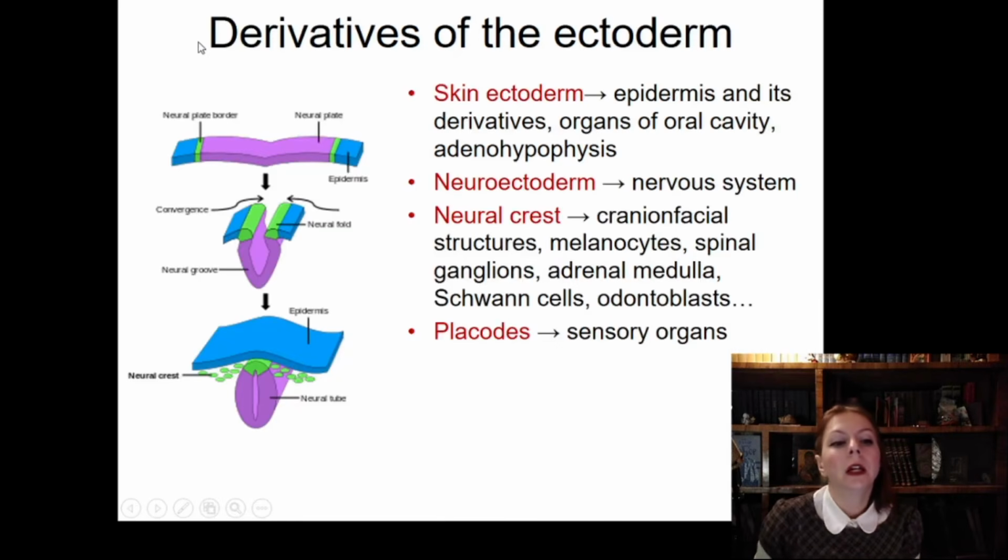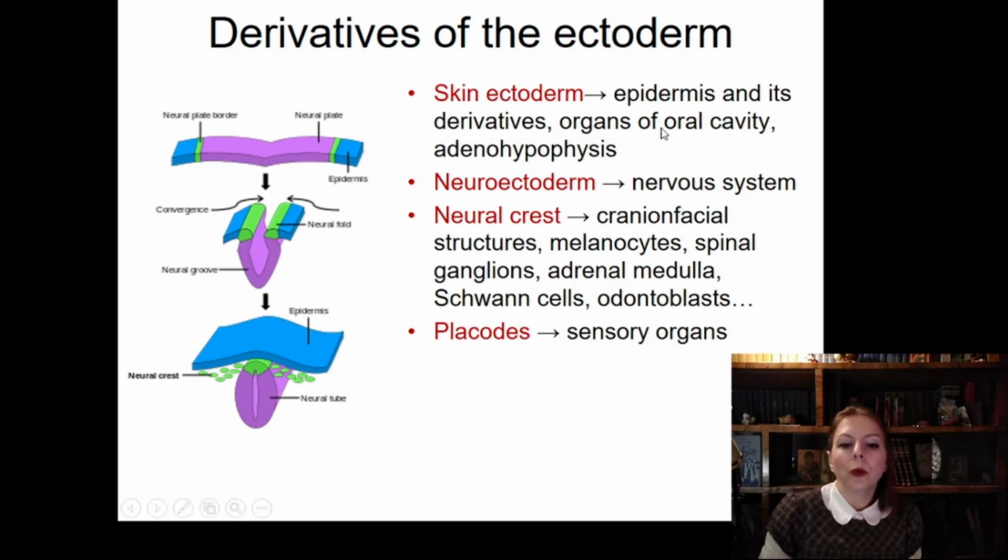Okay, but if we are talking about the derivatives of the ectoderm, we have to mention that it gives rise to the skin, neural crest, and neural tube. So, skin ectoderm, this bluish one, gives rise to the epidermis and its derivatives like nails, hair, and many others like sweat glands and sebaceous glands.